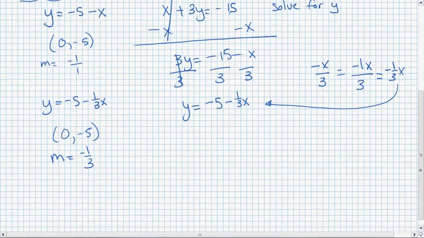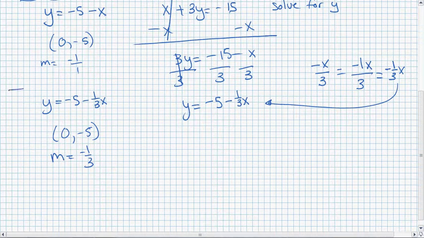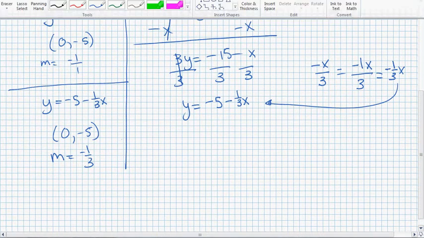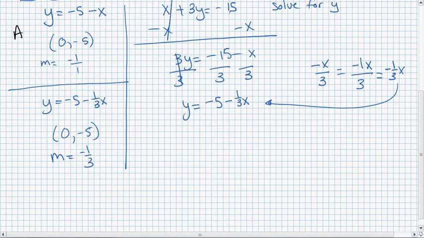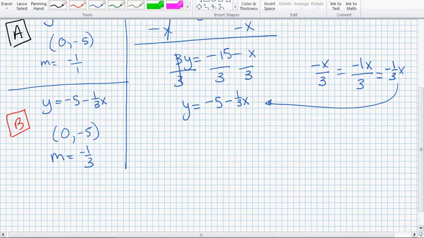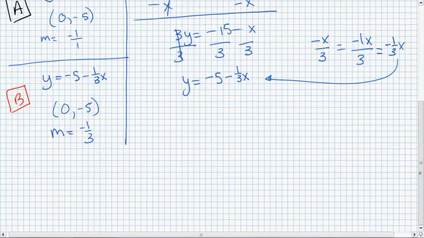But we'll go ahead and graph both of them anyways, just so you can see how that looks. All right, so my first equation is here. My second equation is here. Let's put them on a set of axes.